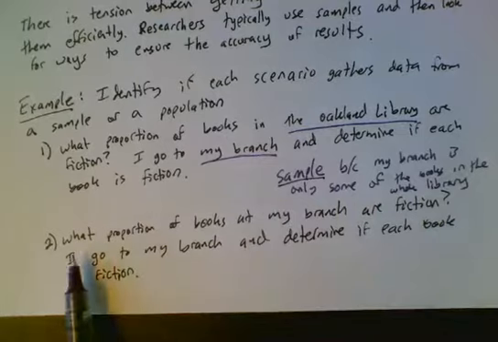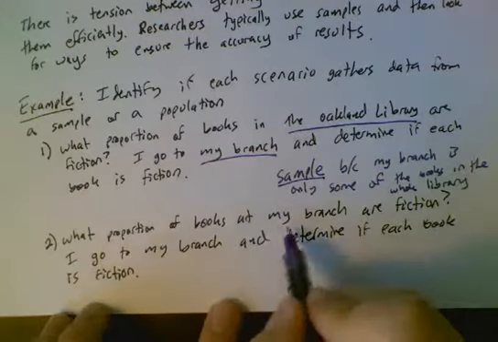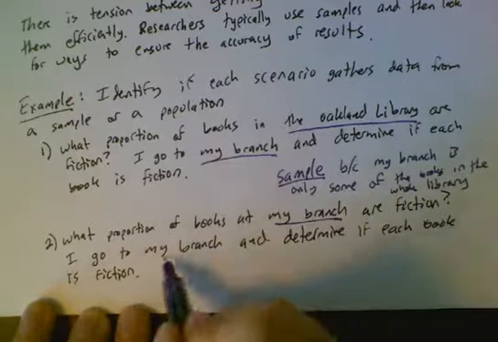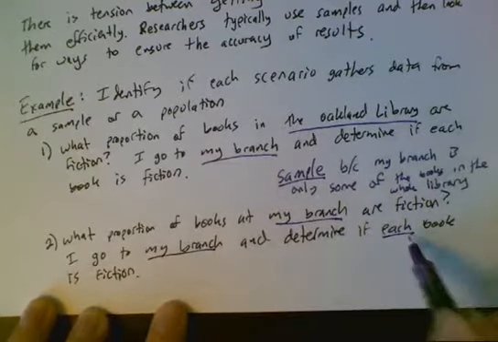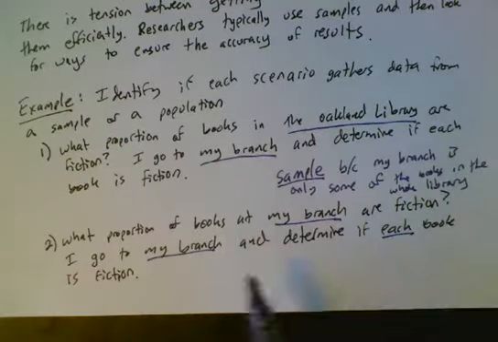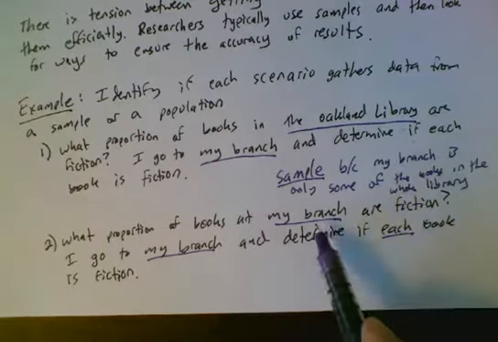However, in this case, I'm interested in what proportion of books at my branch. So if I go to my branch and determine if each book is fiction, I'm looking at every single book that's in my branch of the library, and the population that I'm interested in is the books in my branch of the library.